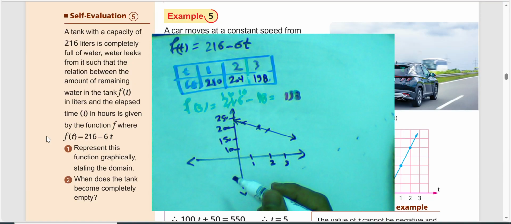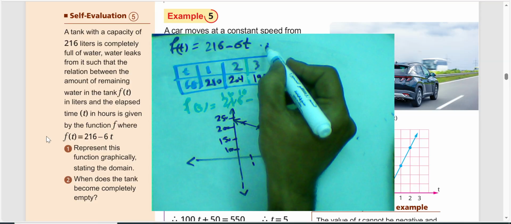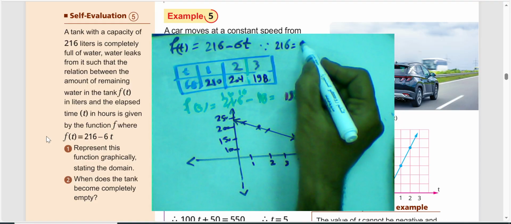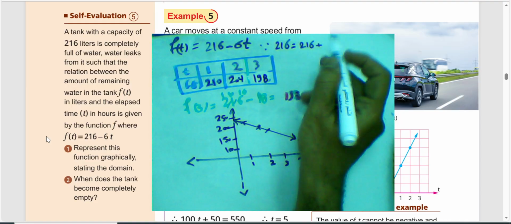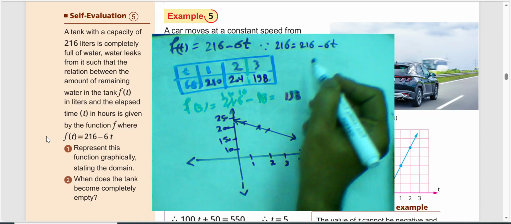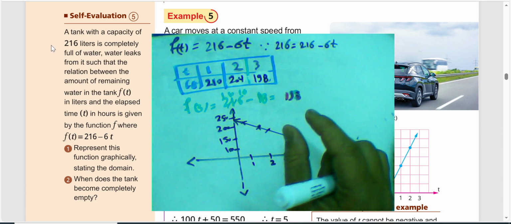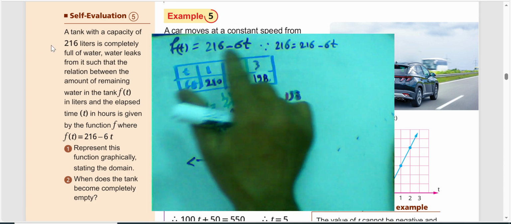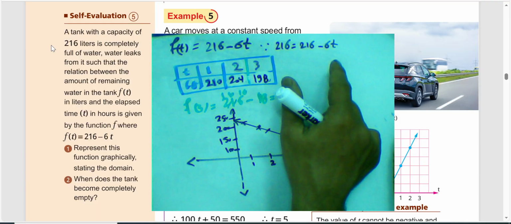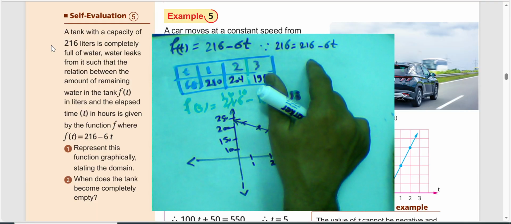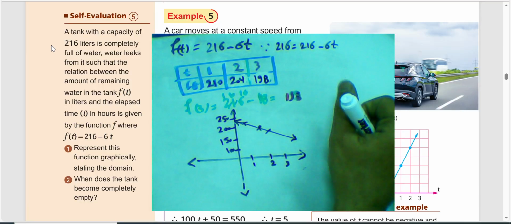When does the tank become completely full? At what time? Completely full, it will be 216, at f of t equals 216. Its capacity 216 equals 216 minus 6t. He gives this information: capacity was 216, completely full at f of t equals 216. At what time will that be? We can cancel here. 216 subtract 216 will be 0.